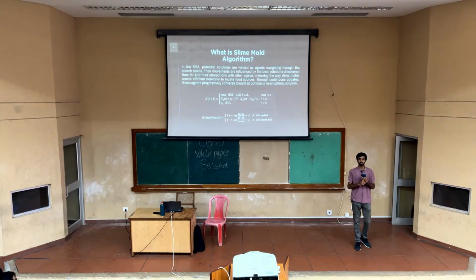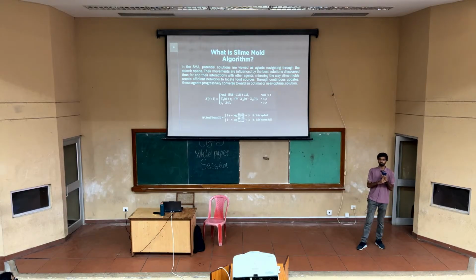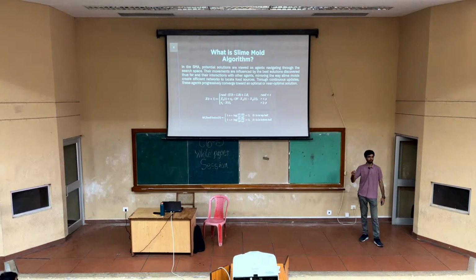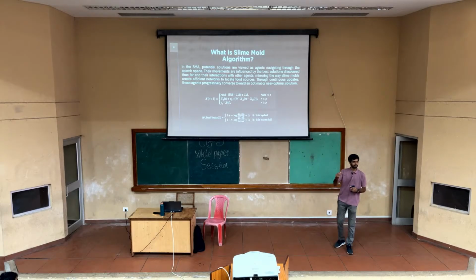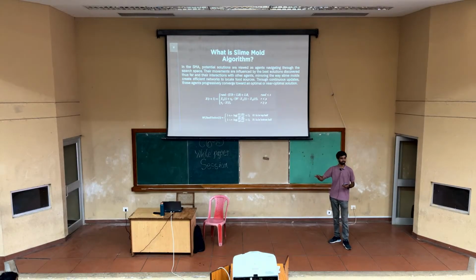First, the current best solution, and second, the influence of other agents around it. Over time, each agent continuously updates its position, and finally it settles down and converges to an optimal or near optimal solution.